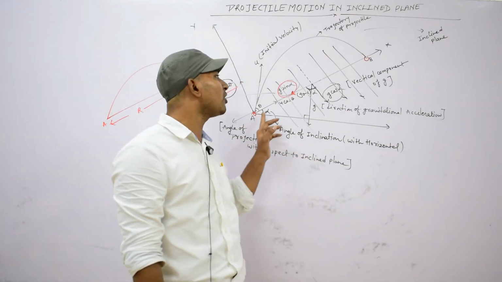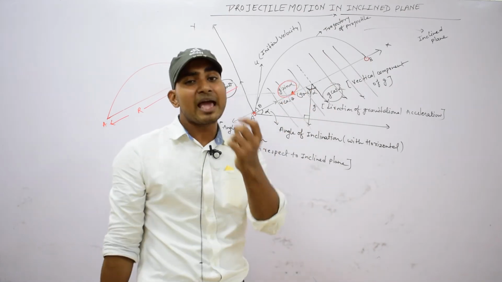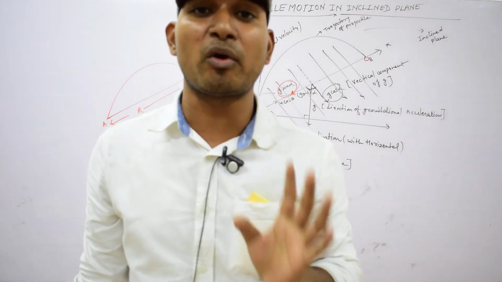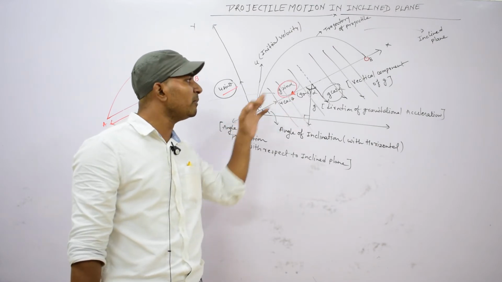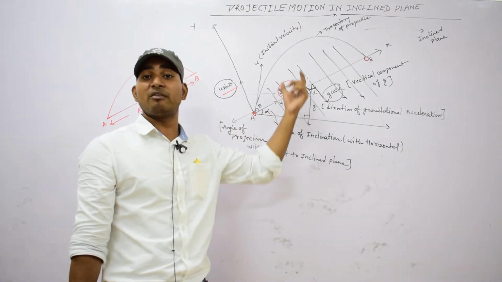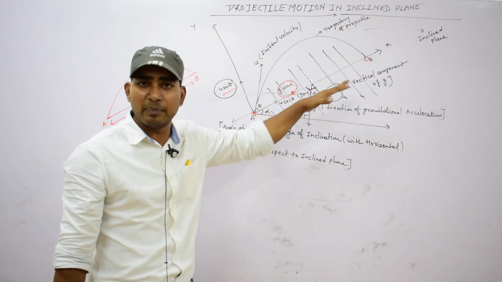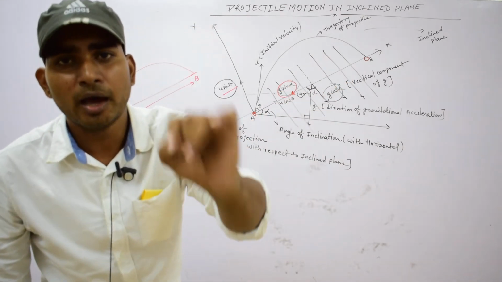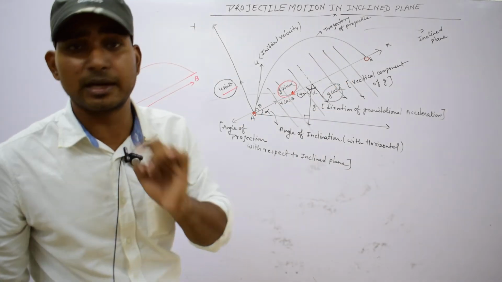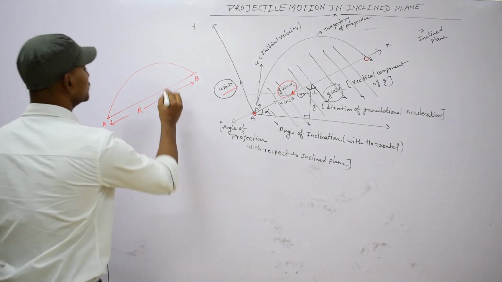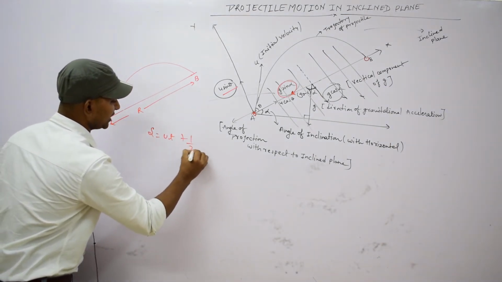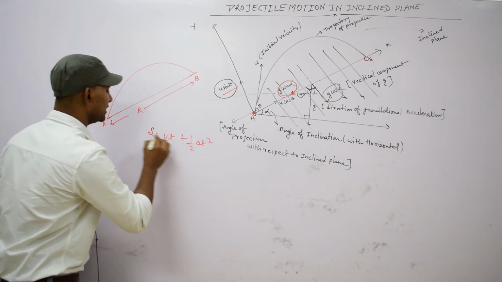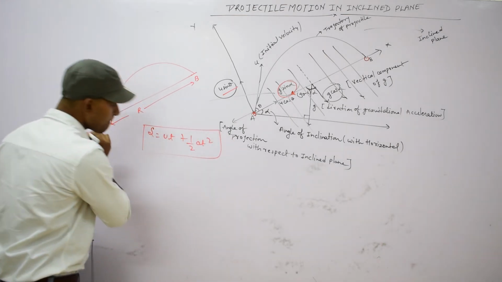But if I am moving from A to B, this component will act as a retardation. This is a very important point, and it is clear from the diagram also that if I am moving from A to B, the g sin theta component will act in the direction AB, but as a retarding factor, not an accelerating factor. So simply I am using the formula that S is equals to ut plus half at square. Now see the modulation in this particular formula.